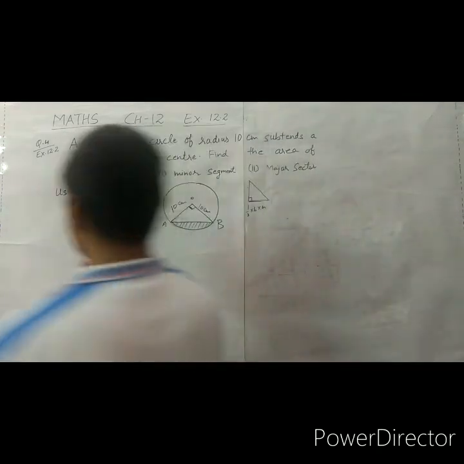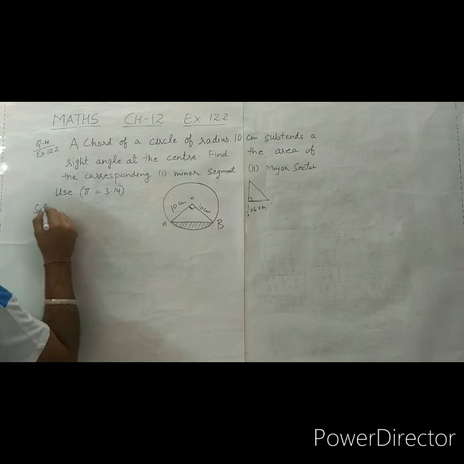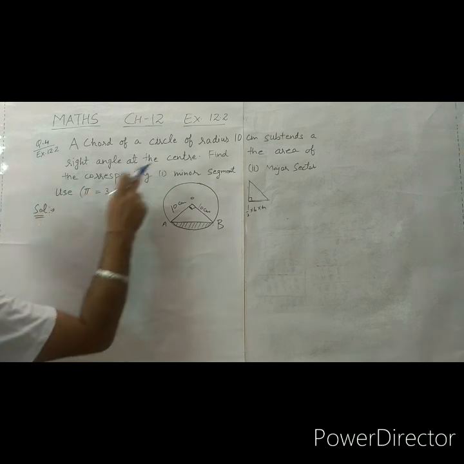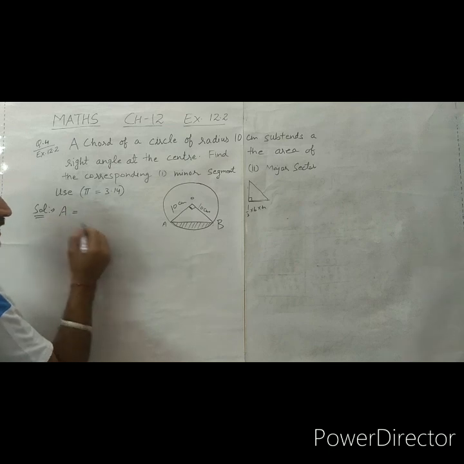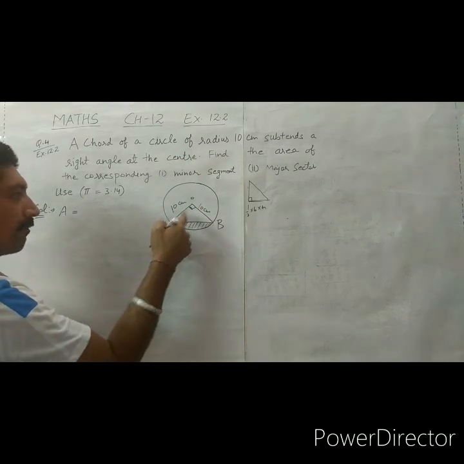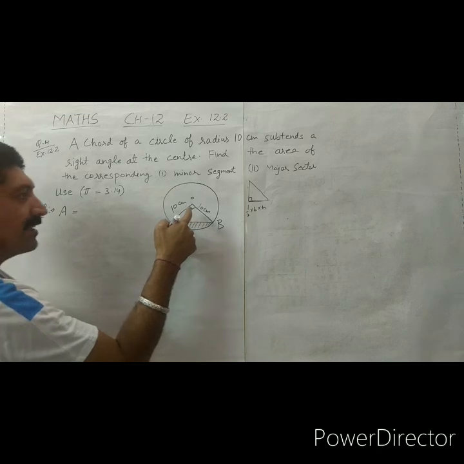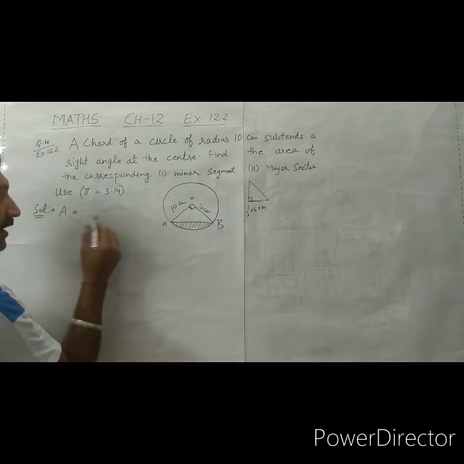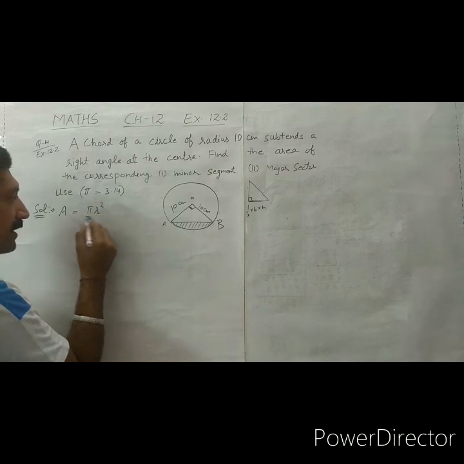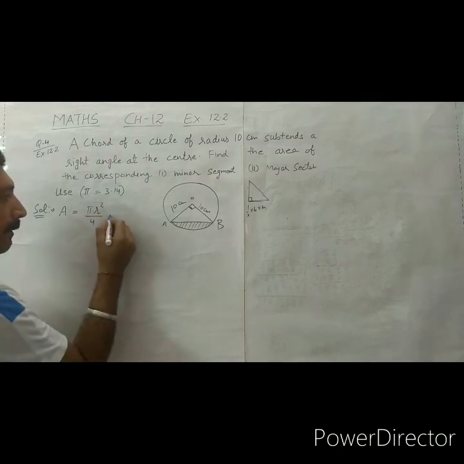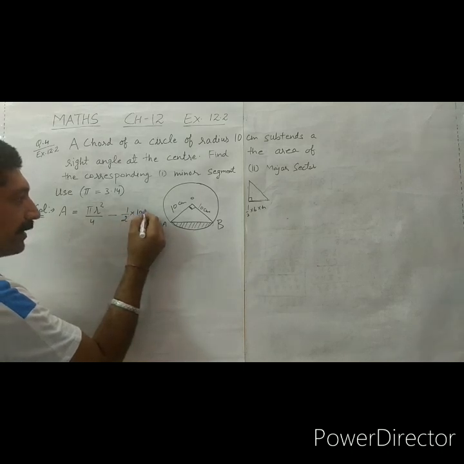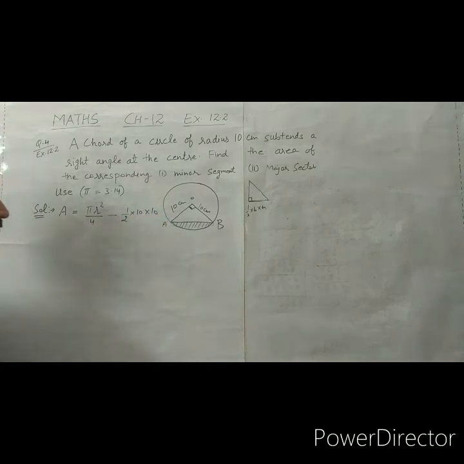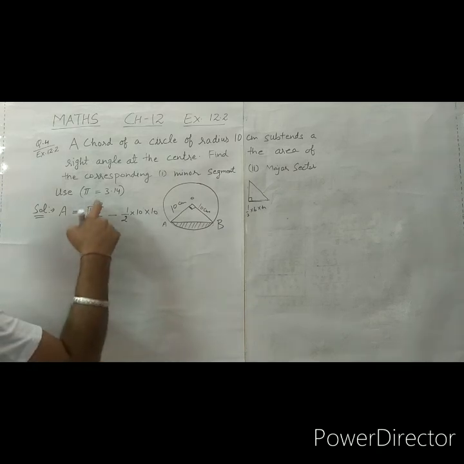So in the solution here, area of the segment is equal to area of the sector. Here it is a quadrant. Area of quadrant is pi r square divided by 4 minus half into 10 into 10. So substitute the value of pi 3.14.